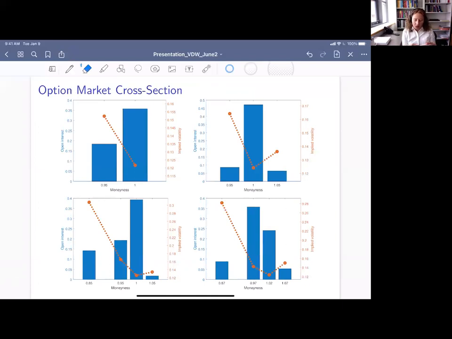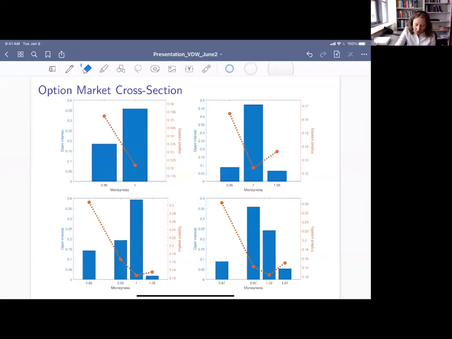The y-axis on the right, sorry, shows implied volatility, so that we see what's happening with the implied volatility, and we see that we get a smirk here. The takeaway from this is that these patterns of open interest closely match what we see in the data. In all cases, we observe a peak close or exactly at the money.